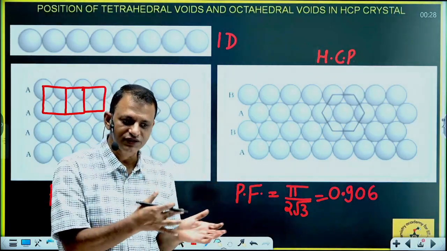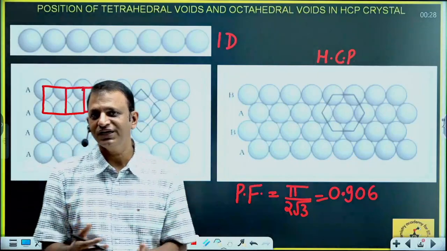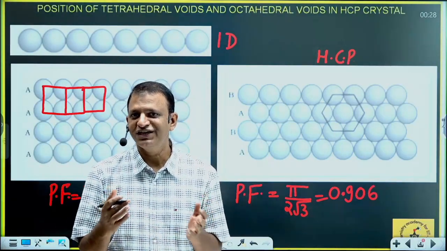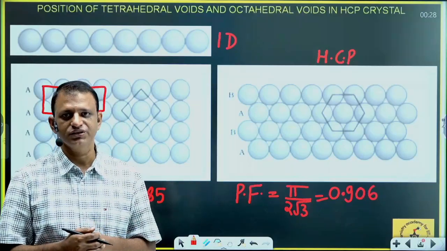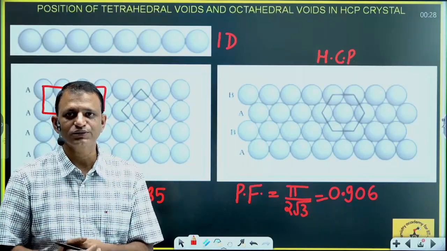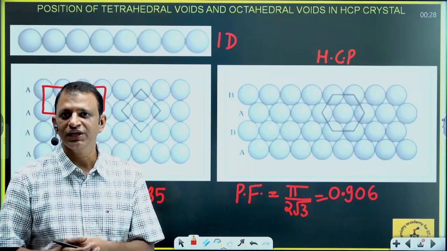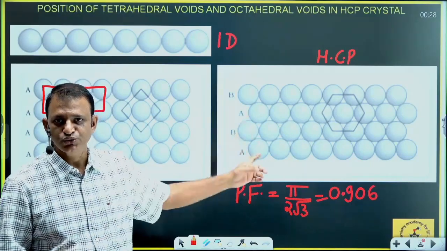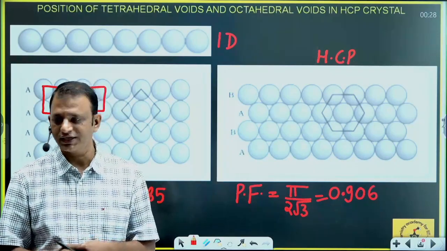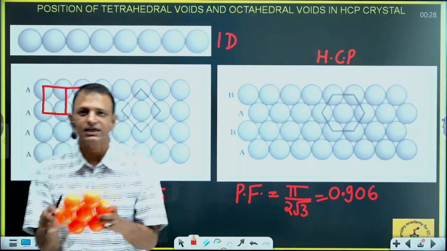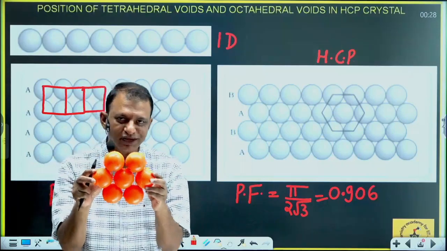So now it's obvious that if I have to make a closest pack of 3 dimension, I should start with the closest pack of 2 dimension, right? So if I want to make closest pack of 3 dimension like HCP, I should choose closest pack of 2 dimension, which is HCP of 2 dimension, right? So this is a layer which is closest pack of 2 dimension.